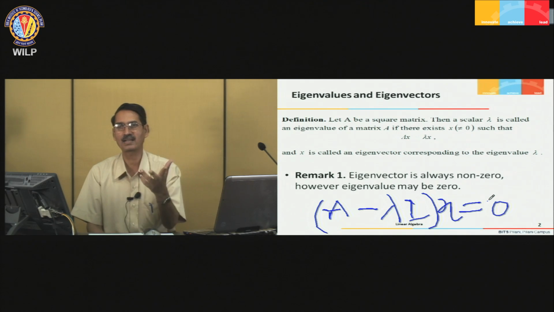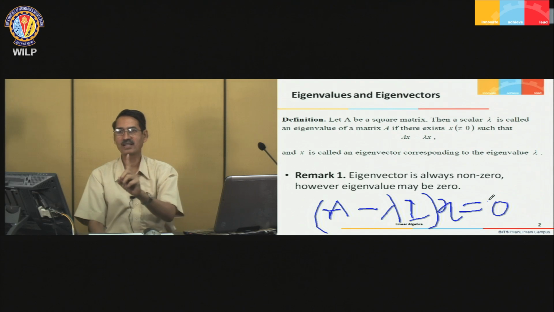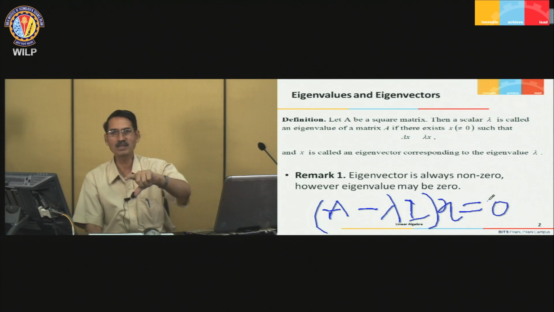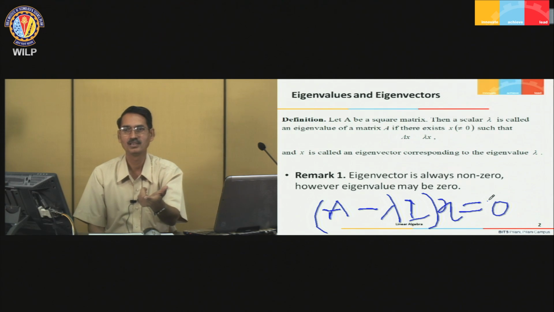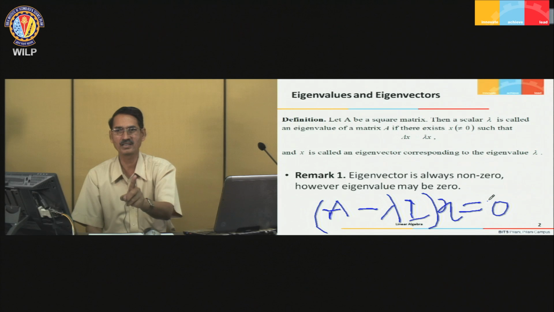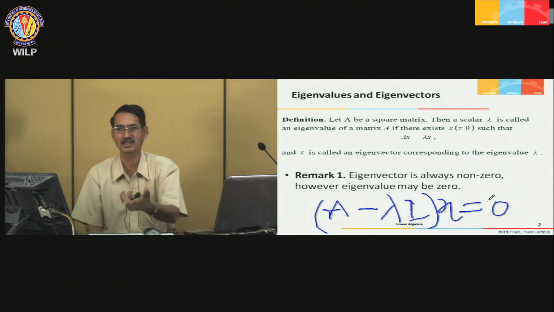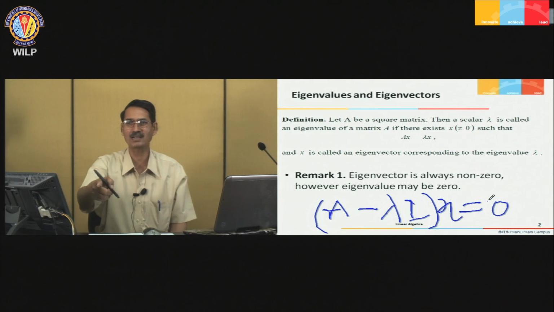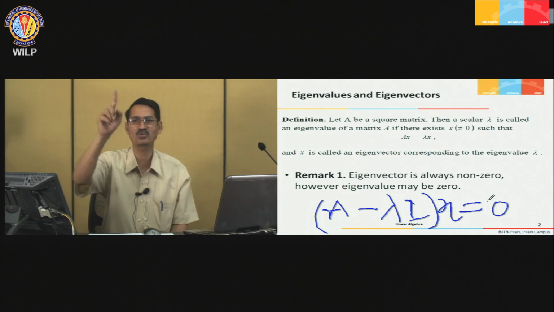And what are those eigenvectors? Those eigenvectors are in fact, if x is an eigenvector, then you multiply x by any non-zero scalar. Suppose c is a non-zero scalar, then c into x is also an eigenvector. The moment x is an eigenvector, c into x is also an eigenvector for every non-zero c.